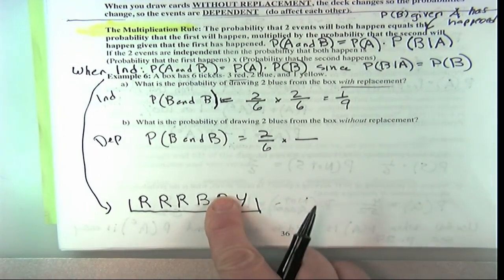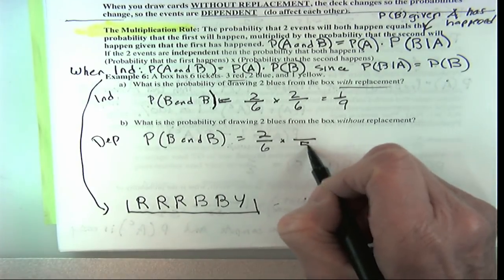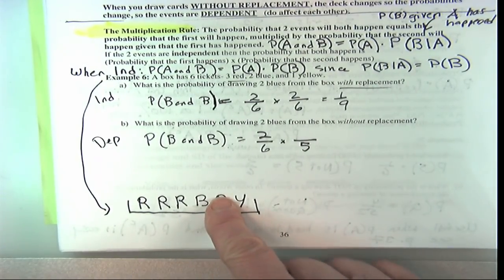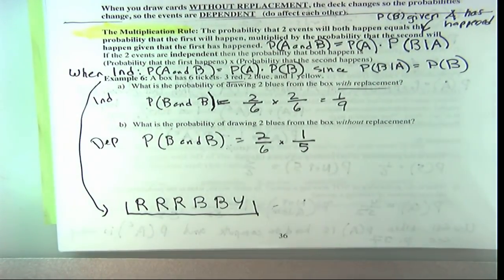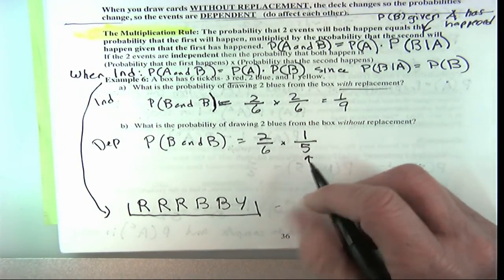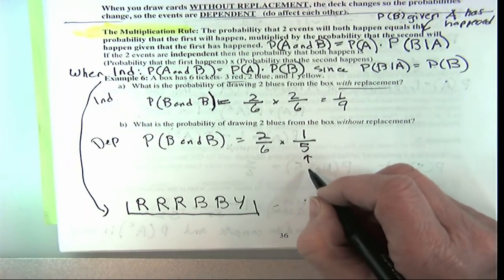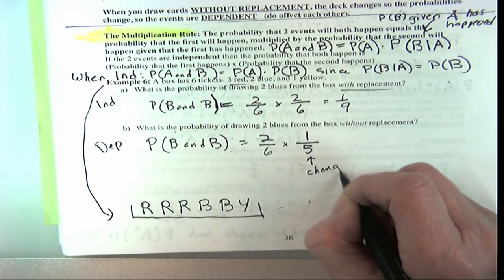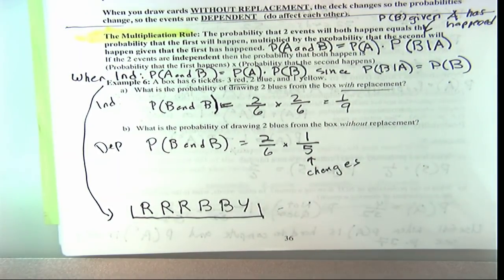Now there's only 5 outcomes, and now it matters whether it was blue or not, right? There's only 1 blue left. So the probability changes. It's dependent. So that's pretty simple. Any questions on that?